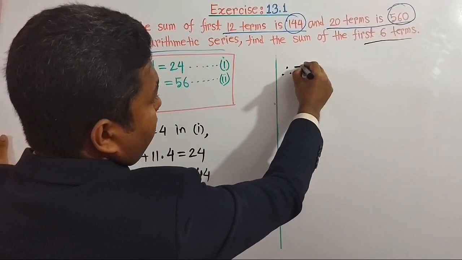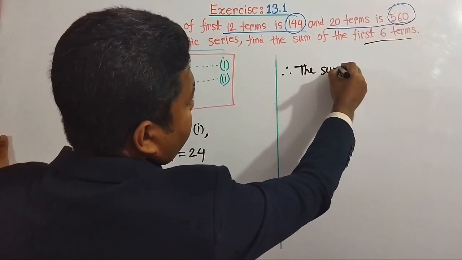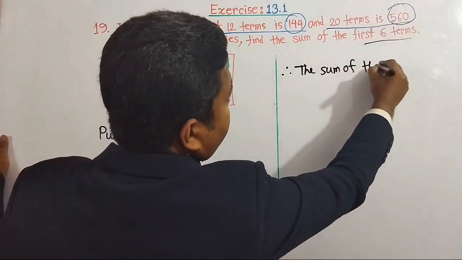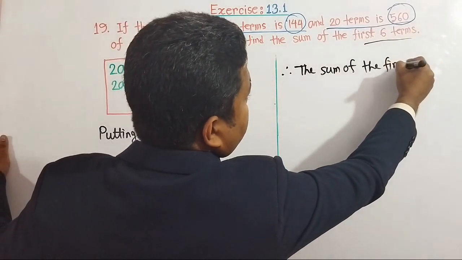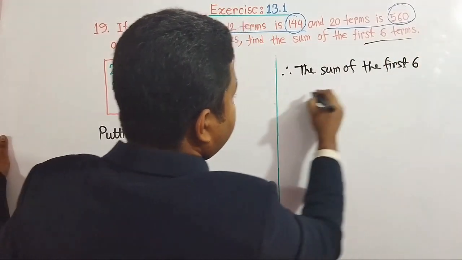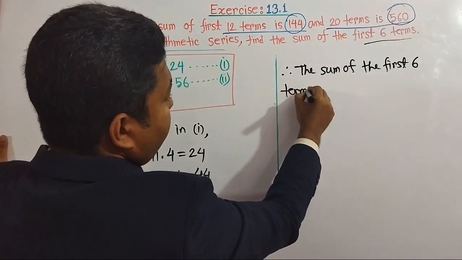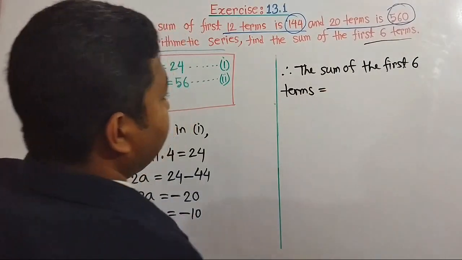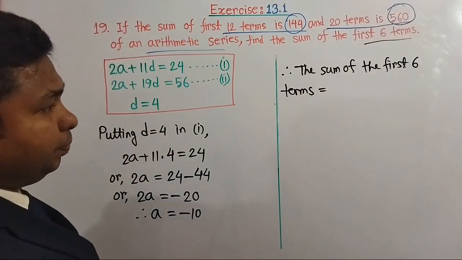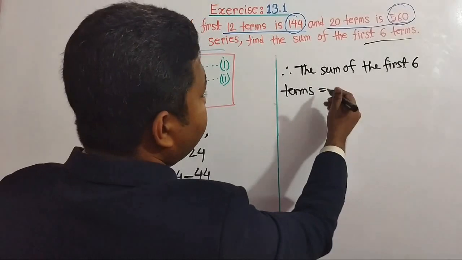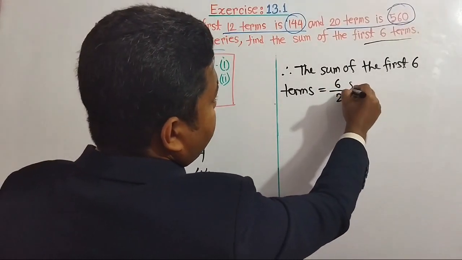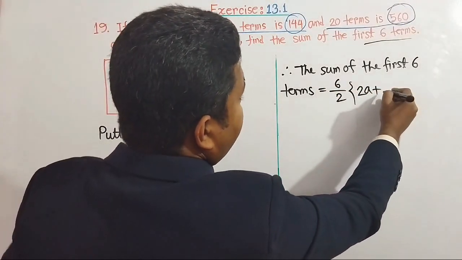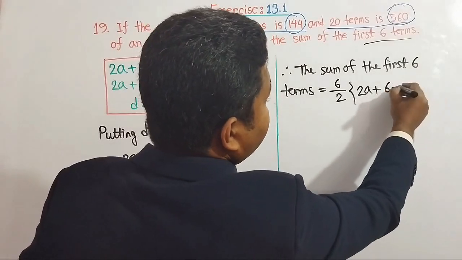So the sum of the first 6 terms, here you all know the formula, the formula is n by 2, where n is the number of terms, so 6 by 2 into 2a plus 6 minus 1.